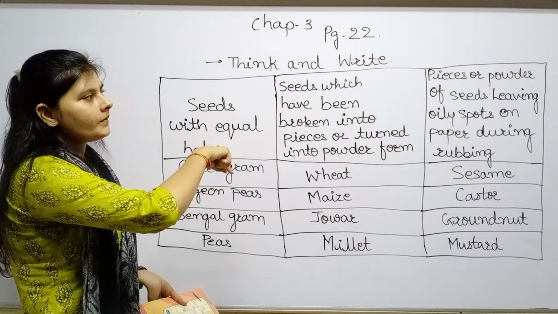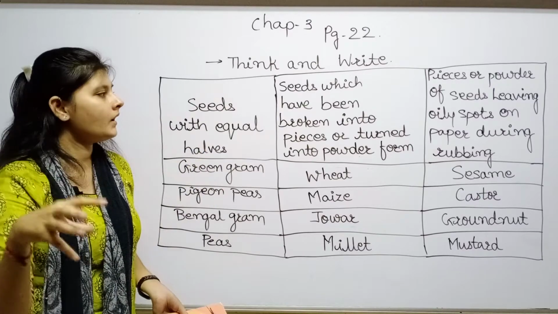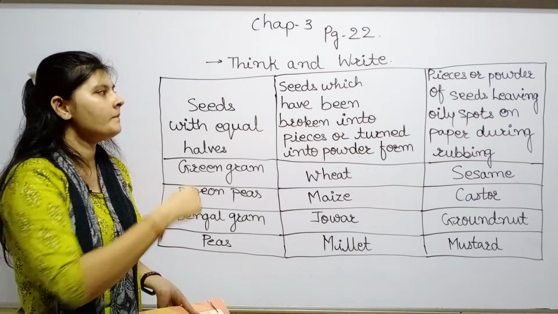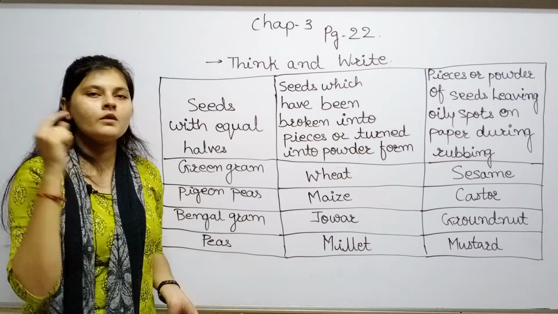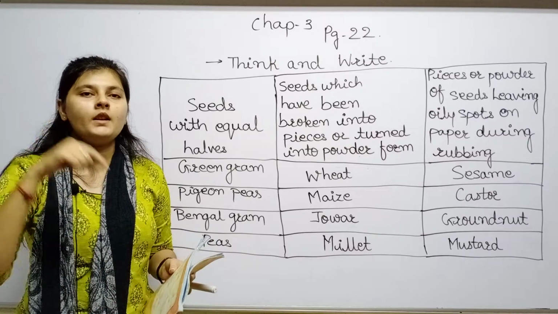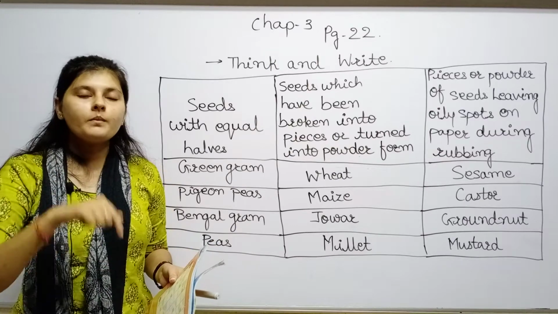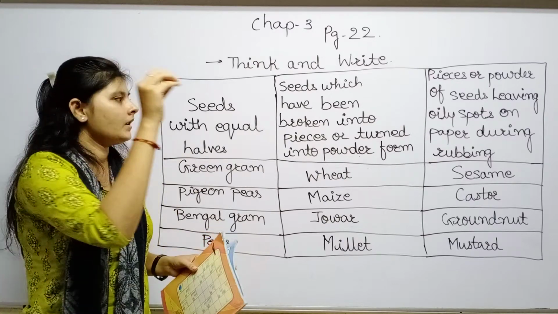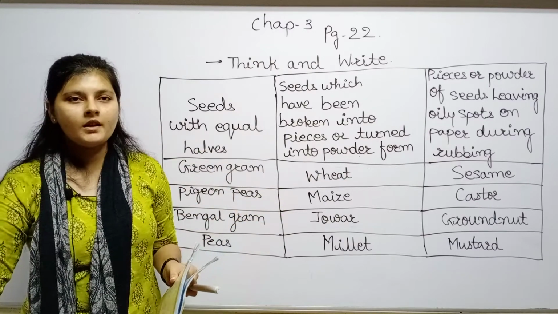So the same oily spots you get when you are crushing some seeds. Some seeds leave oily spots on paper during rubbing. So by this whole experiment we have to decide whether it is a cereal or a pulse, right?